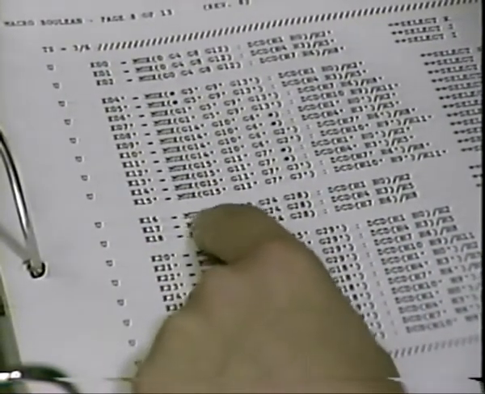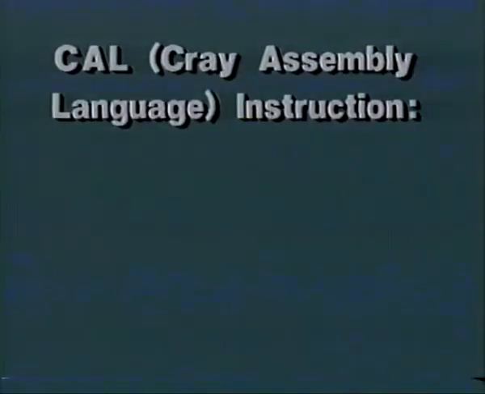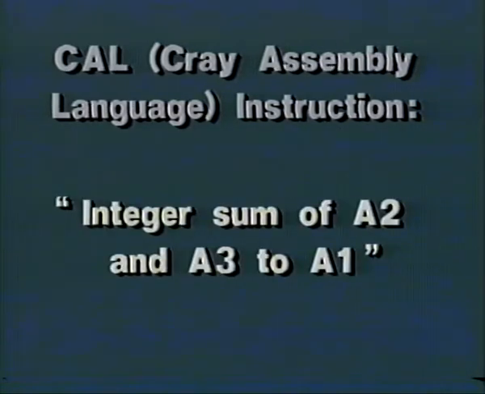In order to follow terms through the macro Boolean, some type of instruction must be issued. For our example, we are going to issue the CAL or Cray assembly language instruction, integer sum of A2 and A3 to A1. Here is the instruction expressed in machine code, 030123.